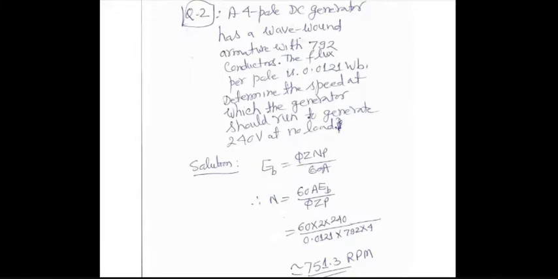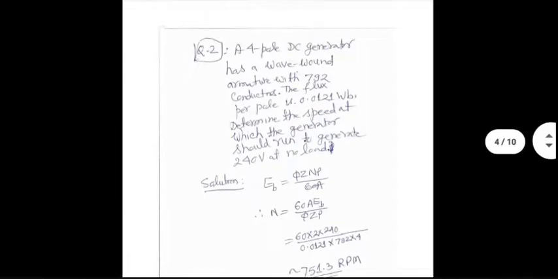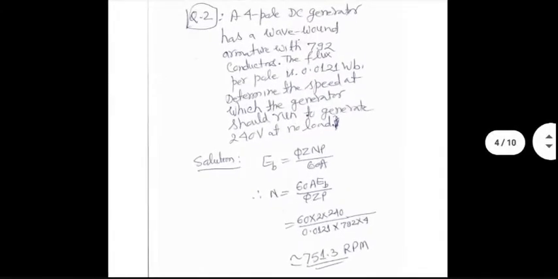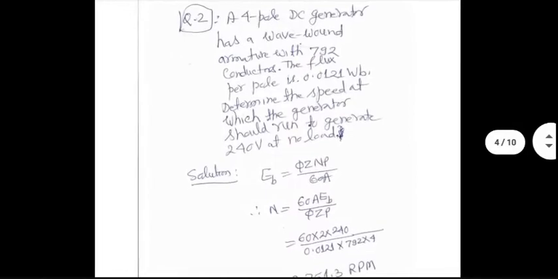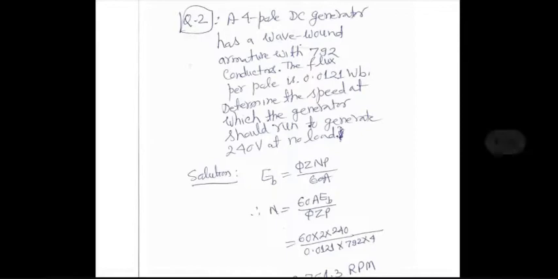So you calculate N. And the value turns out to be 751.3 RPM approximately. If it were a lap-wound generator, then A and P would cancel each other. Then the result will be different.